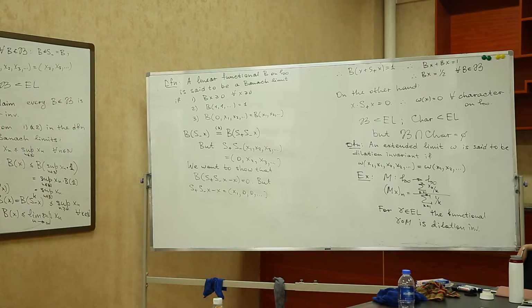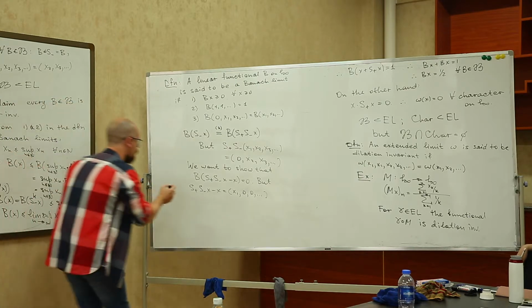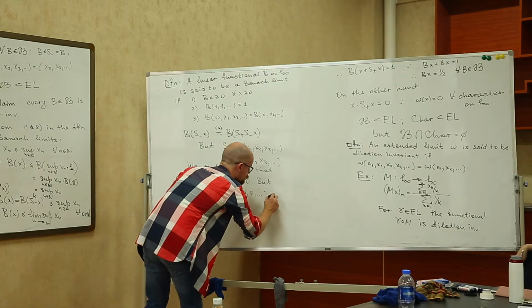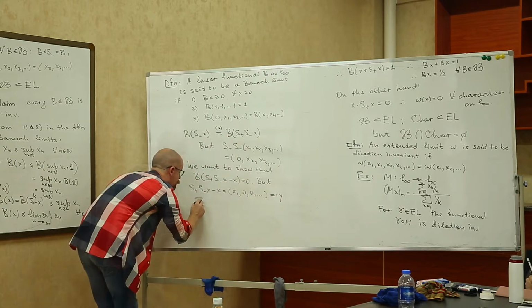We do not know yet that Banach limits are extended limits, so we cannot say that this is zero. But the trick will be this: let me call this sequence y.